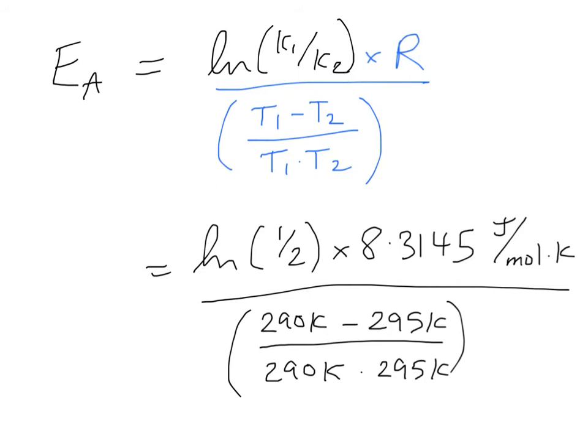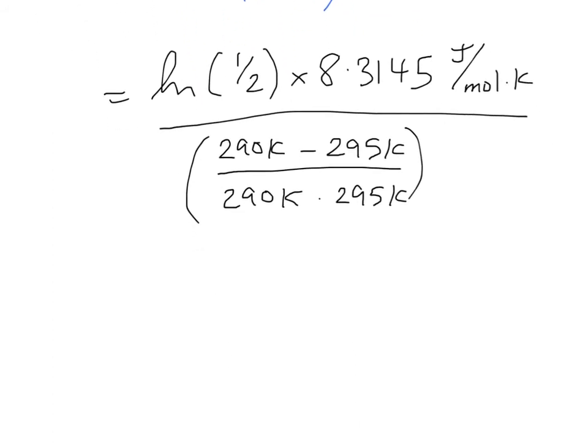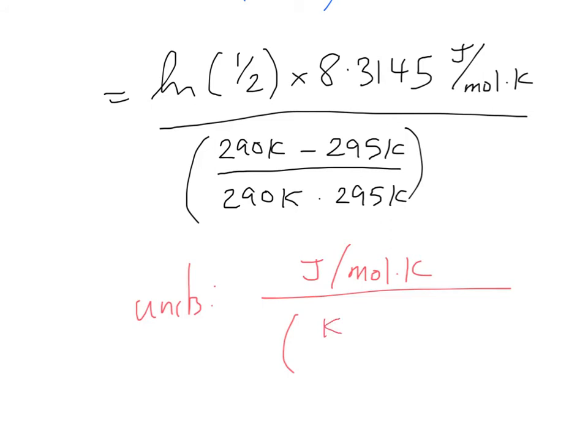Okay, so we've got a mess to calculate here. Let's just look at the units before we jump too far into it. The units on the top are joules per mole Kelvin. And if we look at the bottom, it's kind of a mess. We've got Kelvin minus Kelvin, and when we subtract Kelvin from Kelvin, we have units of Kelvin.